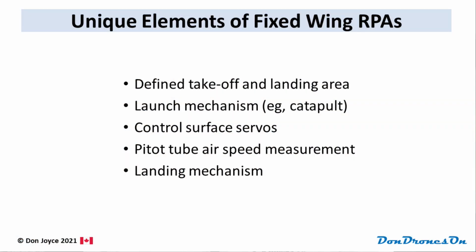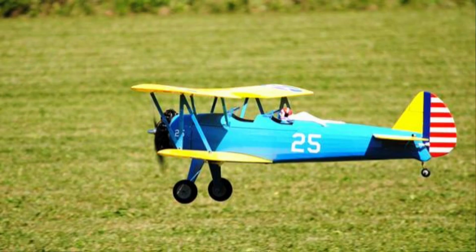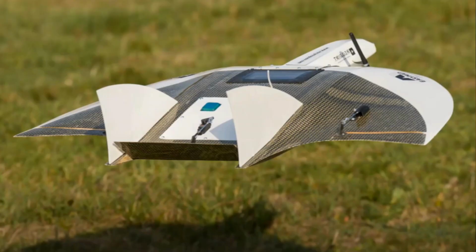When it is corrected for temperature and pressure, it is called the true airspeed and is the speed relative to the air mass that the aircraft is moving through. Always ensure pitot tube openings are clear of debris. How you land a fixed-wing RPA will depend upon the model, but can involve landing gear or skids on a runway, a net capture mechanism, or even a forced stall at a low safe altitude.